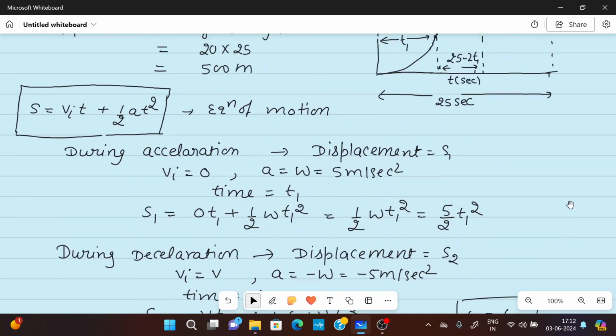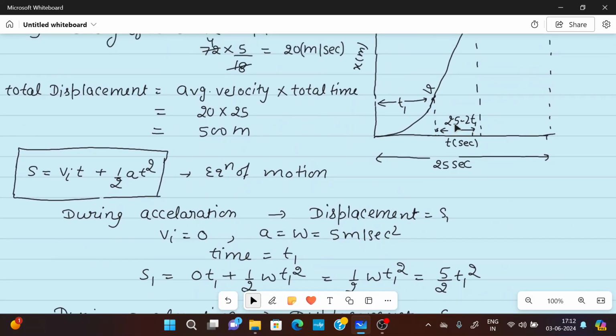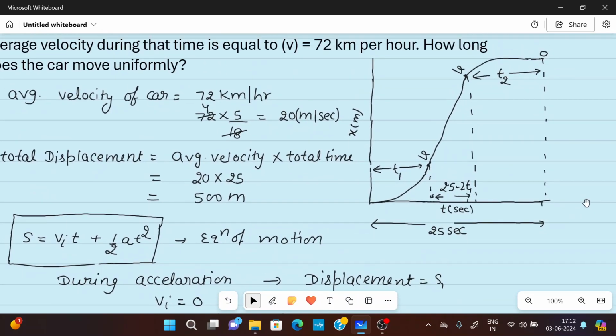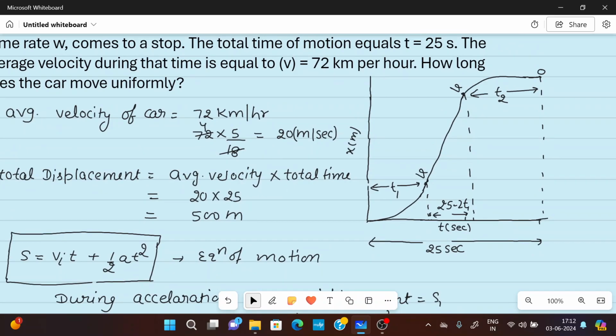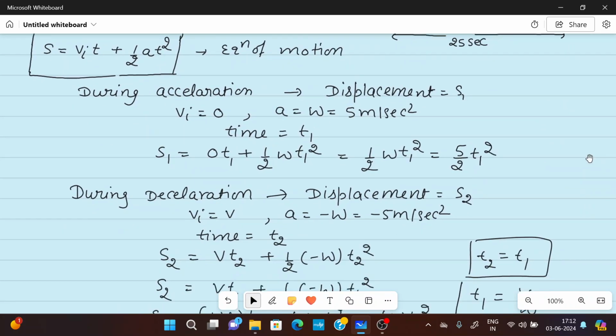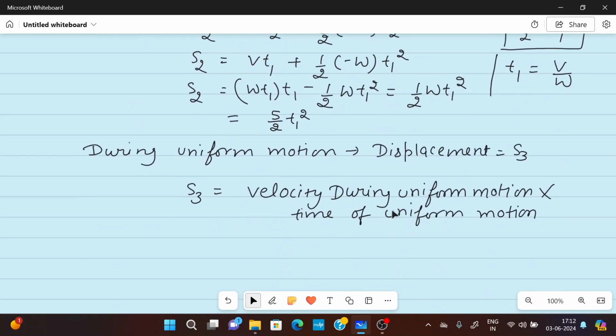From here, we can see that time of uniform motion is 25 minus 2t1 and velocity during uniform motion is v. So let us put these values here. Then S3 will be equal to v into 25 minus 2t1.